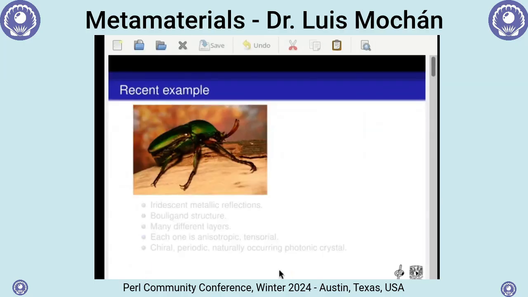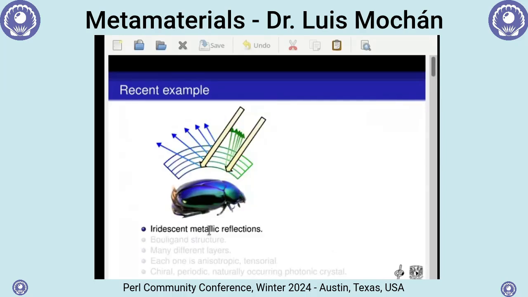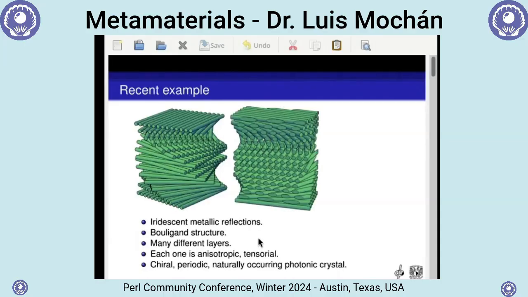And I'll just give you one more example and finish, which is this kind of beetles, which have iridescent metallic reflections. And it turns out that the cuticle of these systems is given by a layered structure, and each layer is composed of fibers that have a slightly different orientation as one moves upwards.